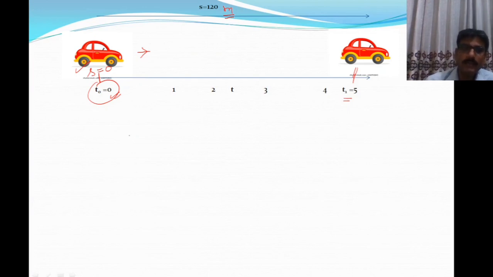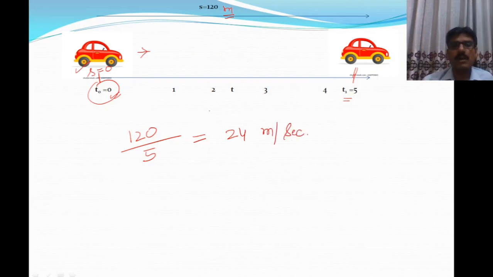We will take the total distance covered, that means 120, divided by the total time period, which is 5 seconds, equals 24 meter per second. If we are unaware of the concept of differentiation, then we can easily say that the speed of the car is 24 meter per second.